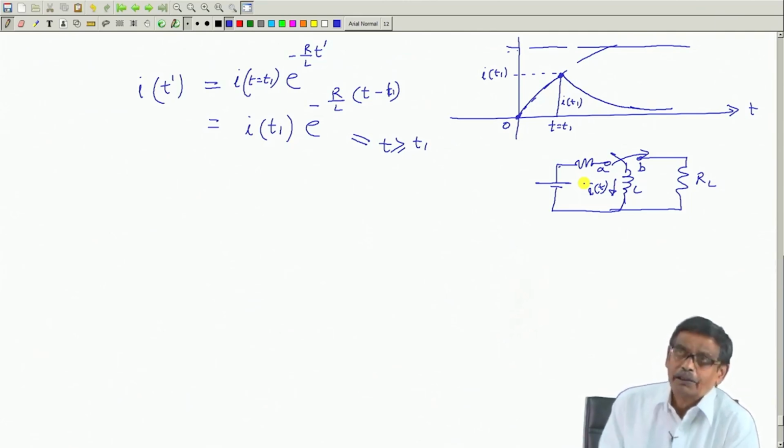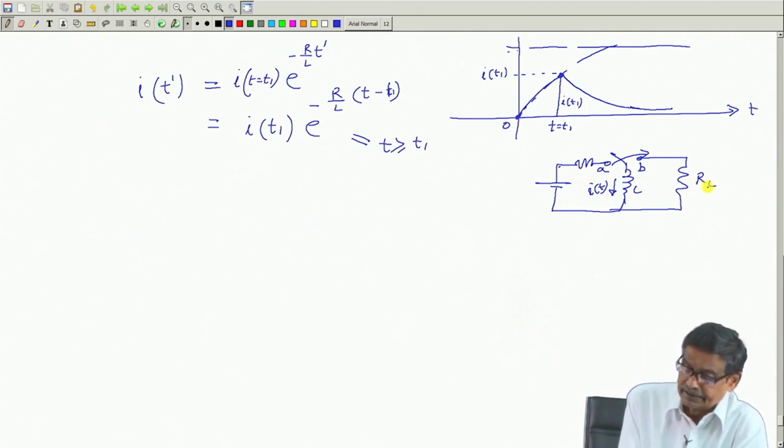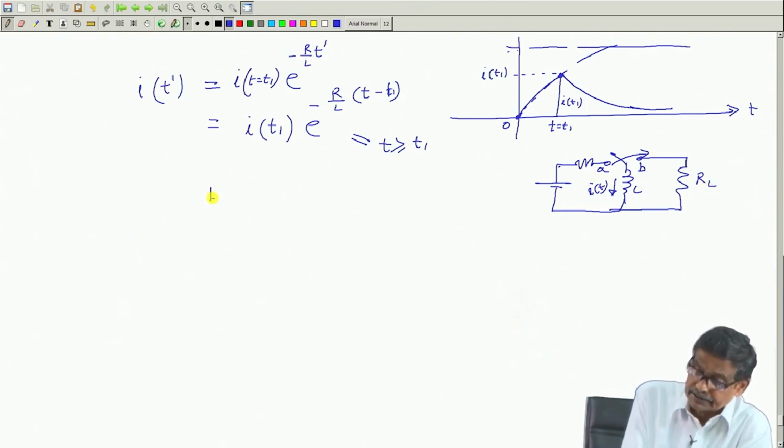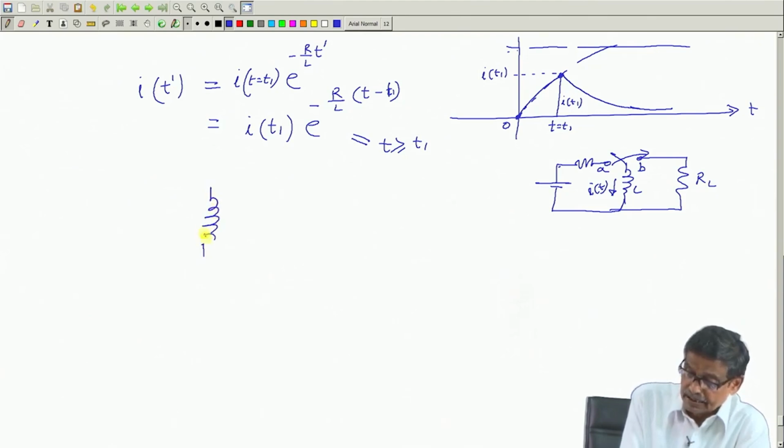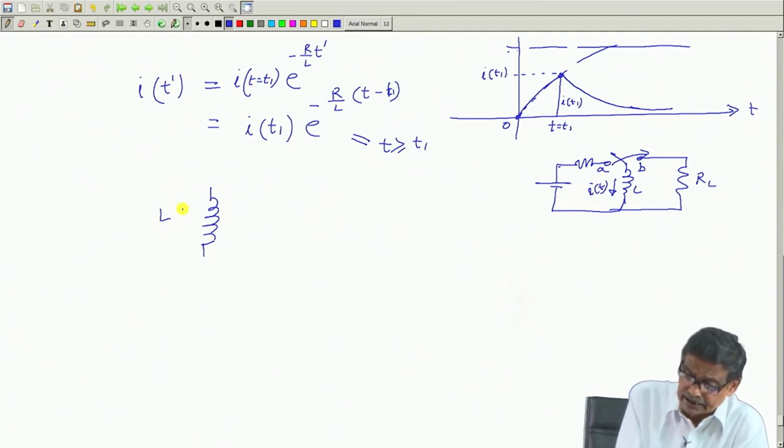Now, this problem I will just tell in this fashion: instead of doing two switchings, I will simply say that suppose an inductor L was connected to some circuit and then it inherited a current.